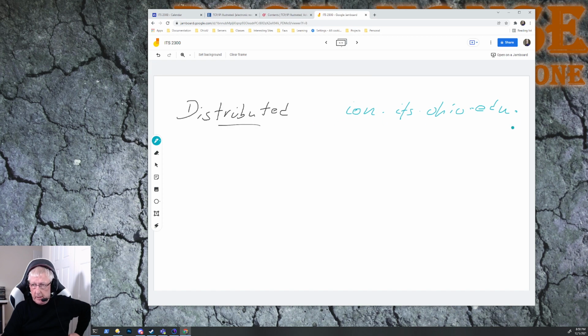right to left. So starting at the unnamed so-called root of the namespace, this particular address is in the edu zone or top level domain.